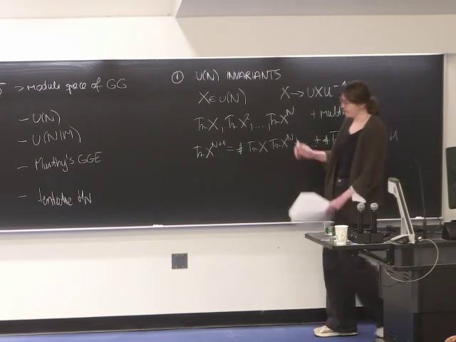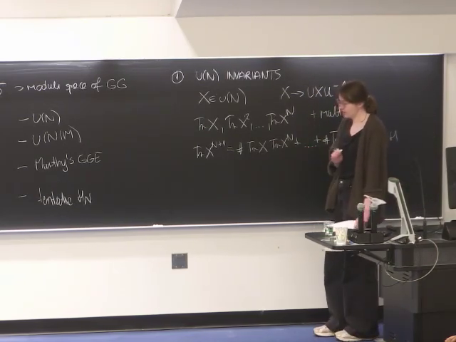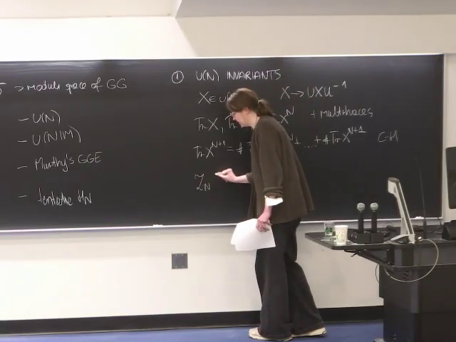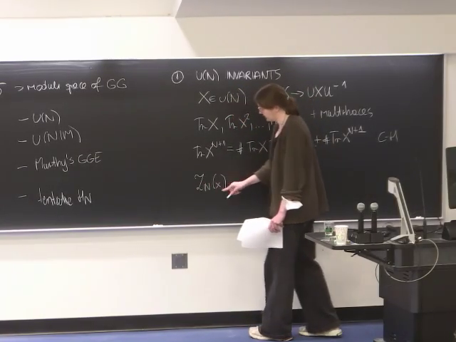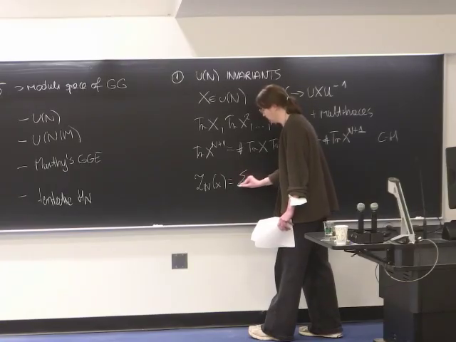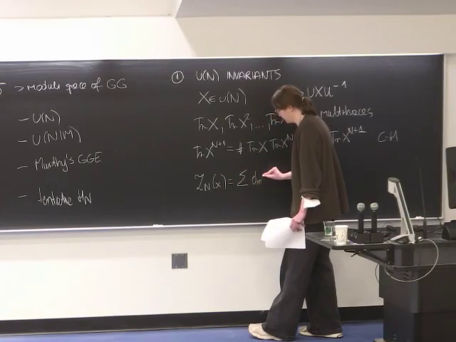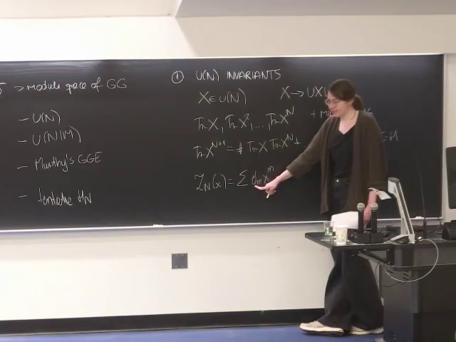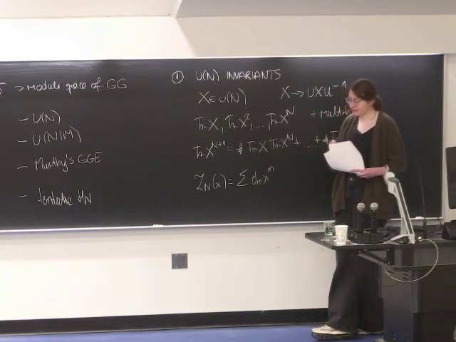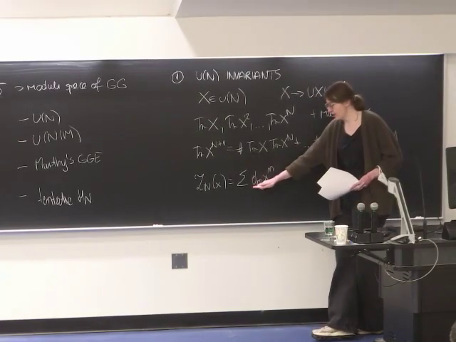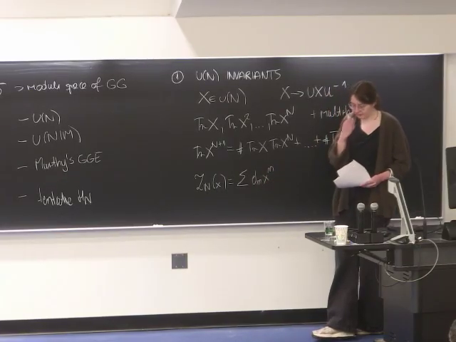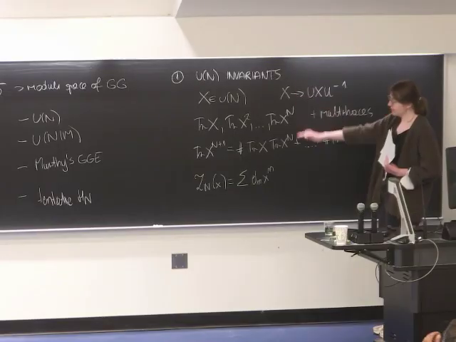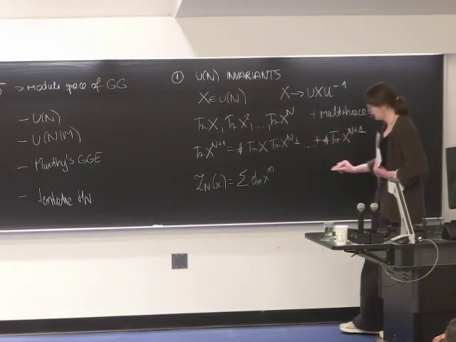It's convenient to package this into a generating function. We introduce some fugacity little x, such that these coefficients tell us how many linearly independent operators of length n we have. In this simple case, we can compute this by hand.